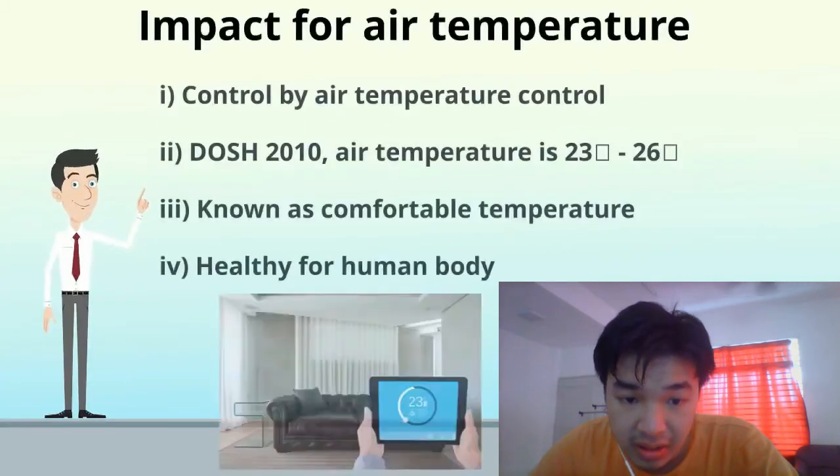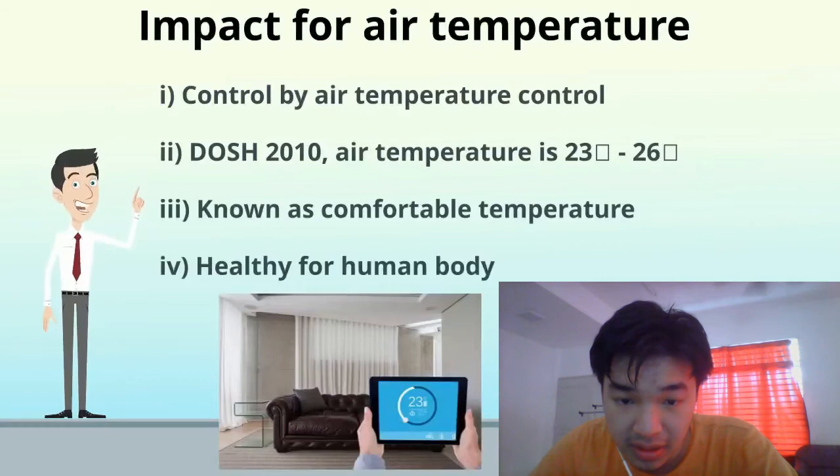The first that I'm going to explain is air temperature. The item related to the control system is air temperature control. Temperature control is a control system that monitors the air temperature in the room by using a sensor.